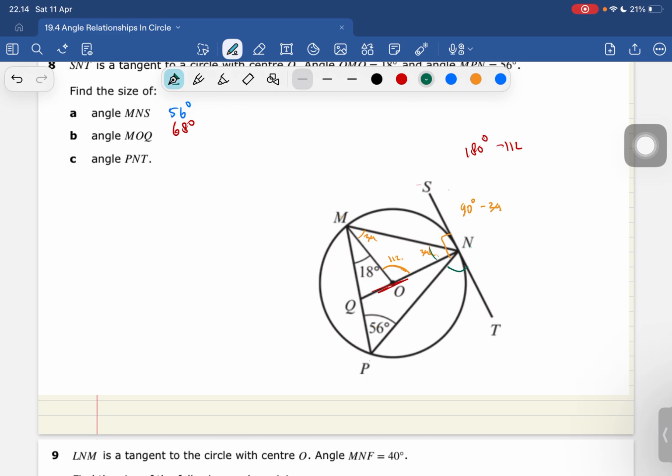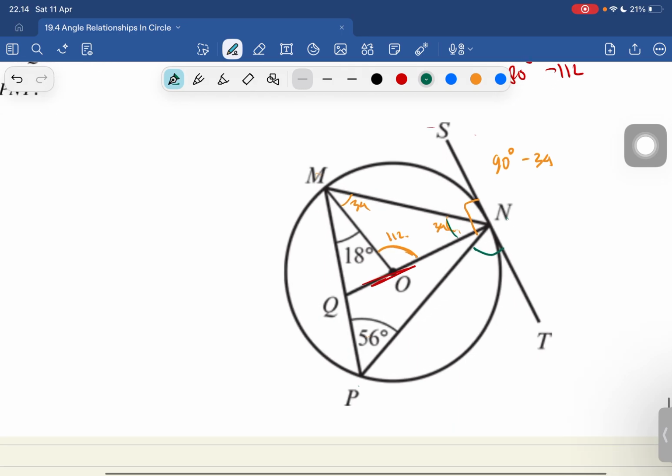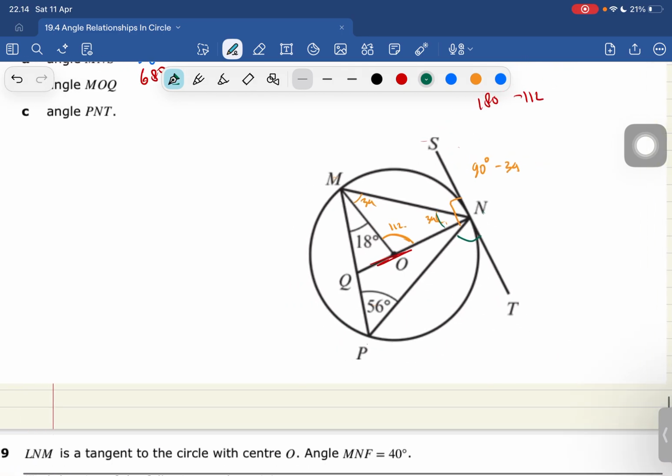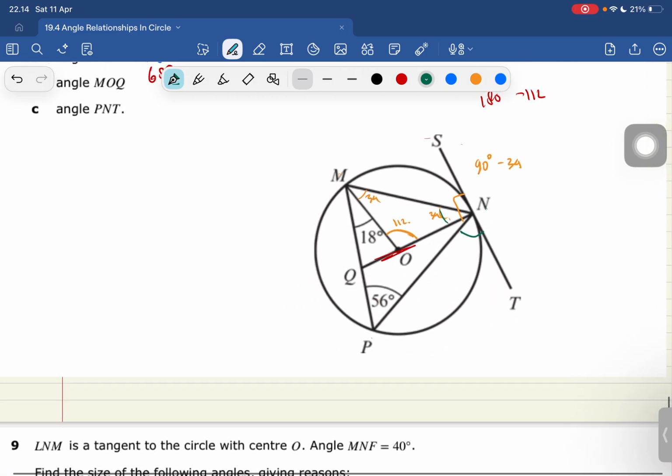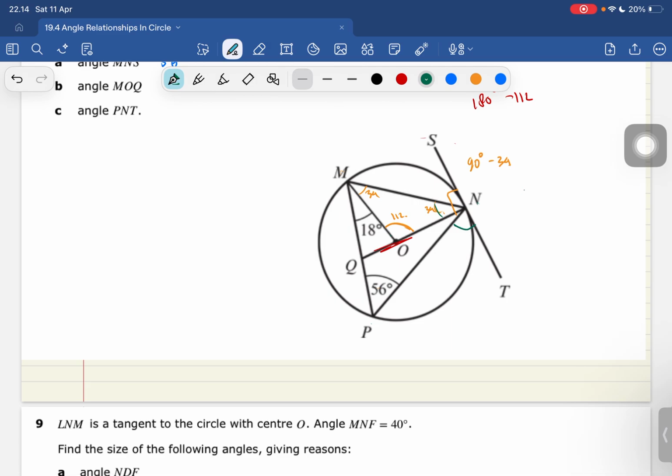So let us take a look at the information that we can get from here. So it's going to be 16. Okay, if this is 68, we got one triangle equal to 180.